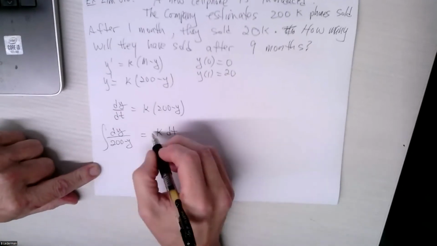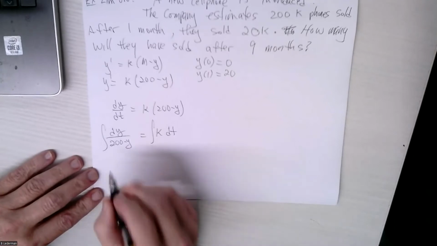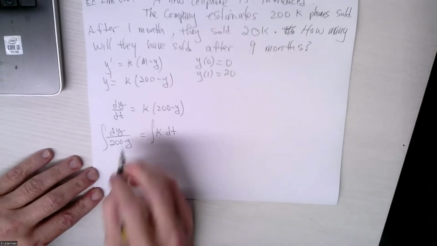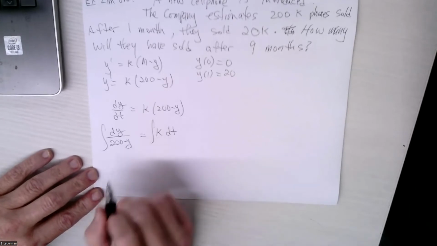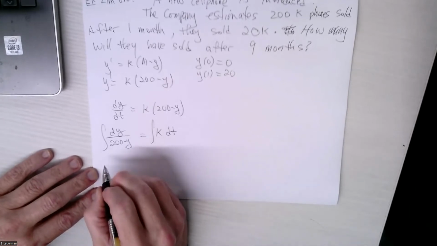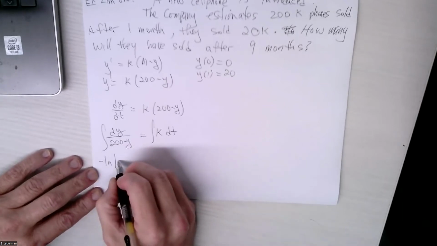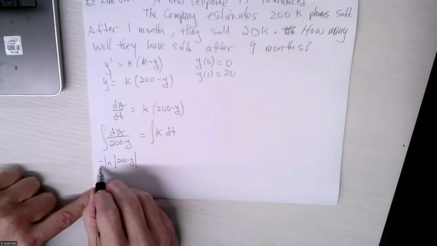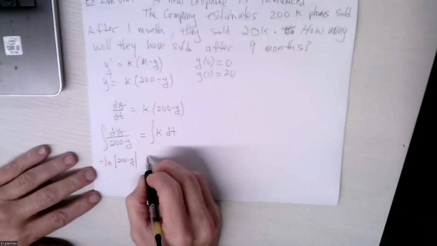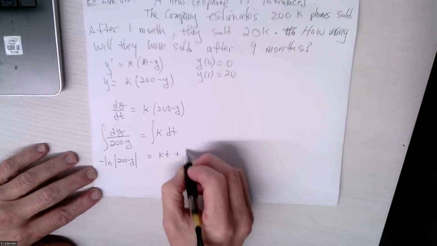I integrate both sides, and I get the negative ln, because of the chain rule with that negative in front of the y. So it's negative ln of 200 minus y, coming from sort of the reverse chain rule, and that's equal to kt plus c.